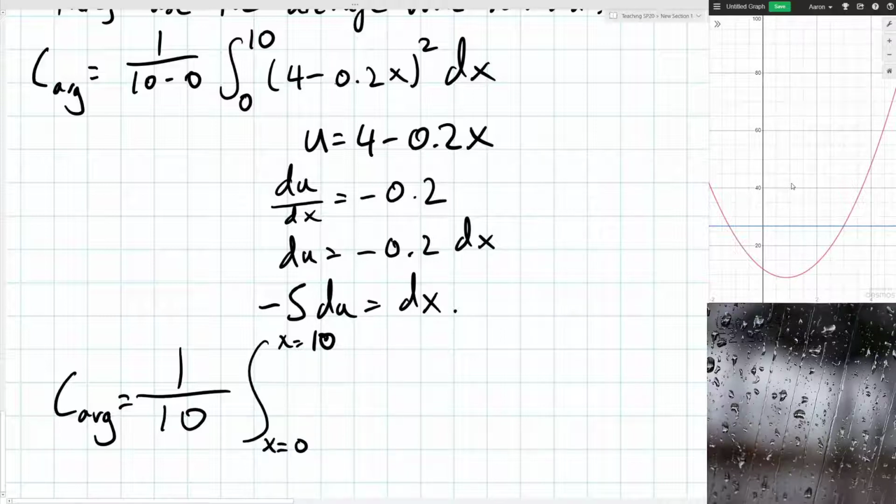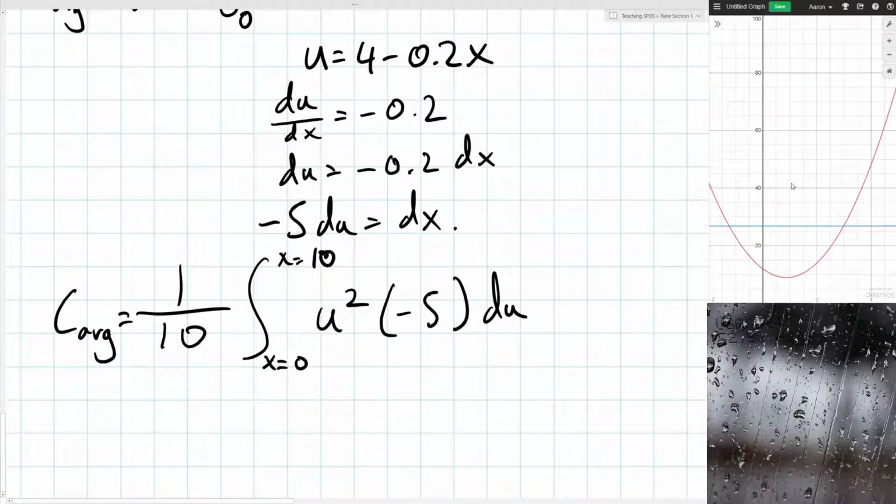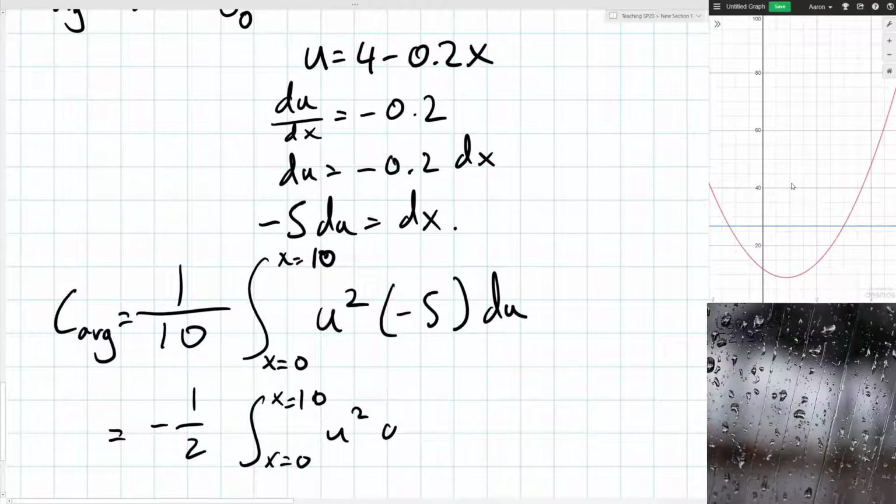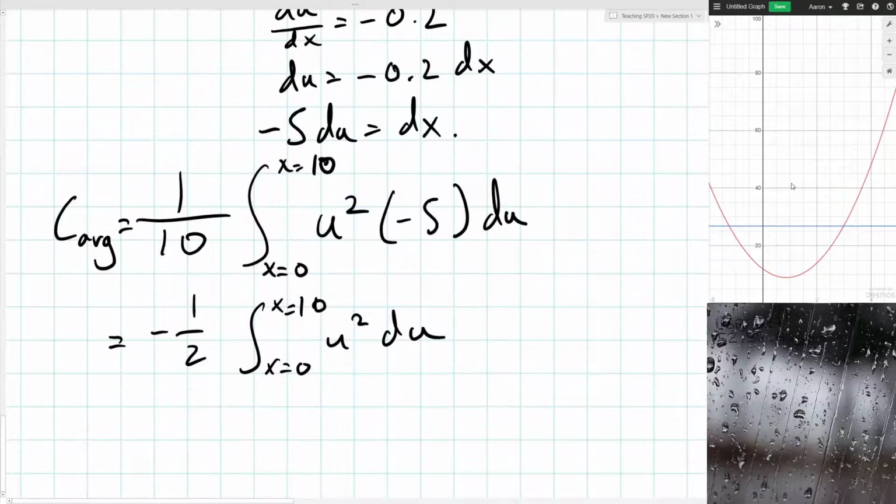Okay, so I'm going to need to back substitute before I can plug in my bounds for this integral, and that's going to be u squared times negative 5 du. We can bring the negative 5 out front, so negative 5 over 10 is negative 1/2 times the integral from x equals 0 to x equals 10 of u squared du.